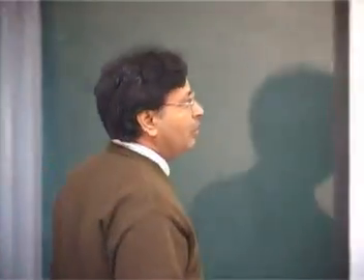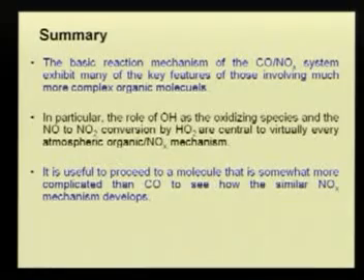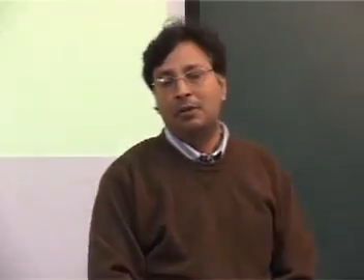If NO2 is formed, you are forming ozone all the time. So see how there is a little turnaround in our model, and then we can say how more ozone should be formed in the atmosphere, not just by the simple models. It is useful to proceed to a molecule that is somewhat more complicated than CO, and let's see what happens. There is another example of atmospheric chemistry coming up, formaldehyde.